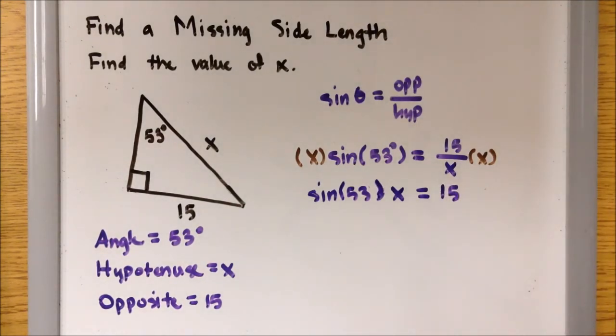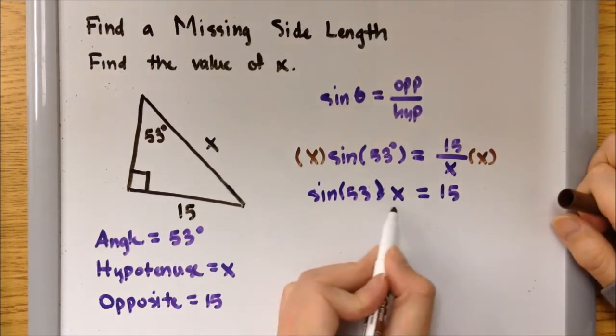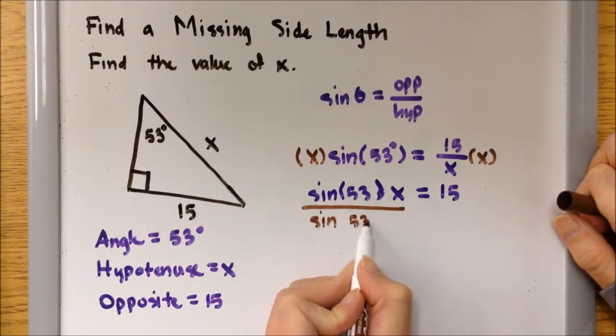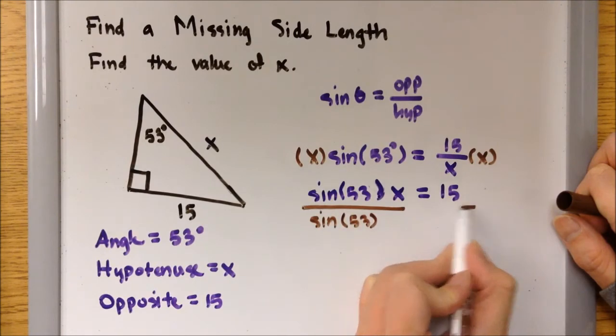Now, since we're solving for x, that means we have to get it by itself. Since we have x sine 53 equals 15, I want x by itself, so I need to divide, since it's multiplying. I'm going to divide by sine 53 on both sides.